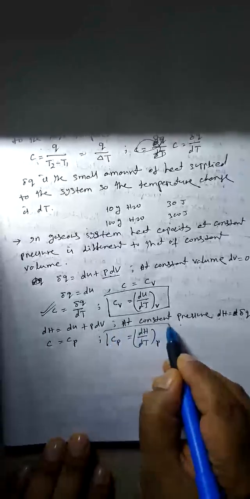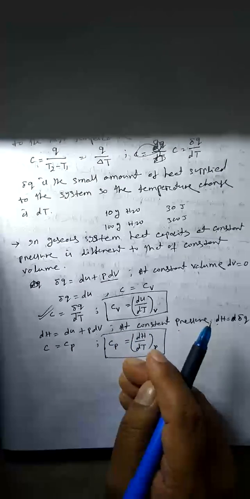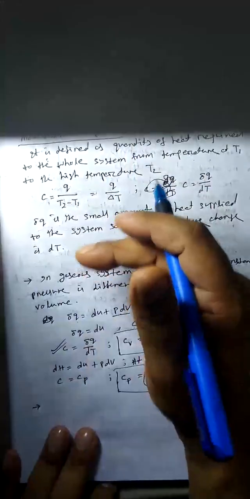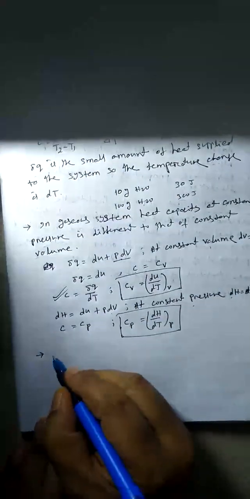This is called heat capacity at constant pressure. So if we consider 1 mole of the substance, remember here we do not mention any amount. If the amount changes, heat capacity will change. But suppose you take 1 mole of the substance.